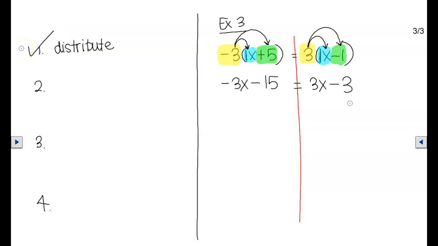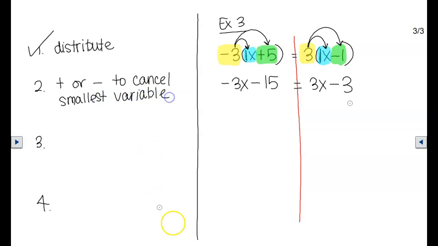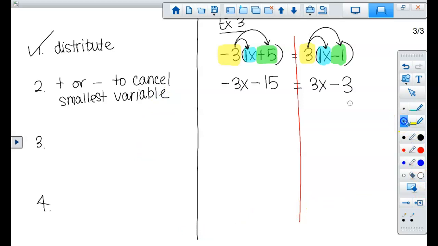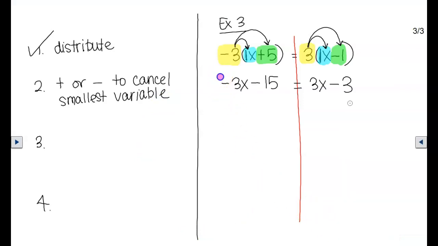All right, so now I have a 3-step equation. So now I'm going to add or subtract to cancel the smallest variable. So, what are my variables? Well, my variables are negative 3x and positive 3x.